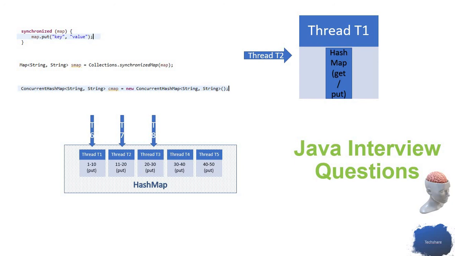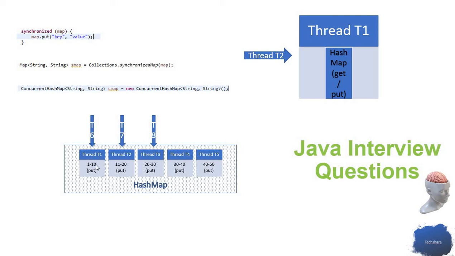From the write perspective, they are dividing the data into multiple segments. For example, let's say I have 50 records, and I'm dividing my records into 5 segments. In that case, threads T1 to T5 can each access a segment.